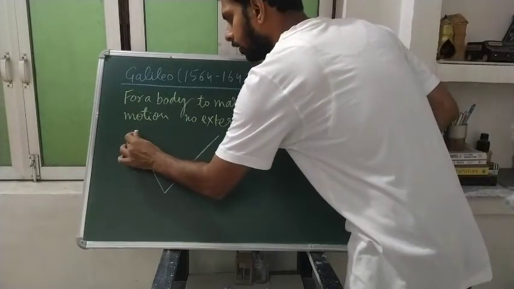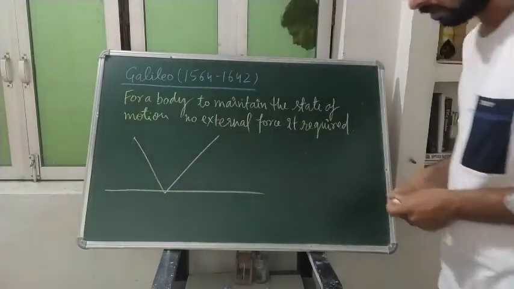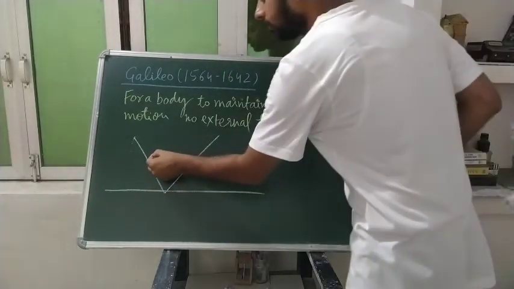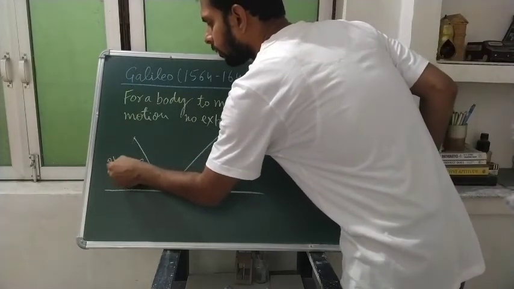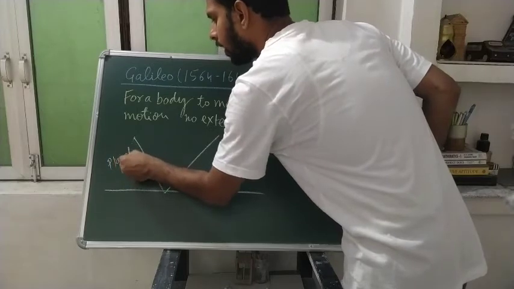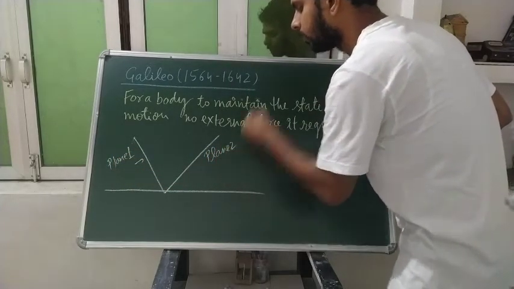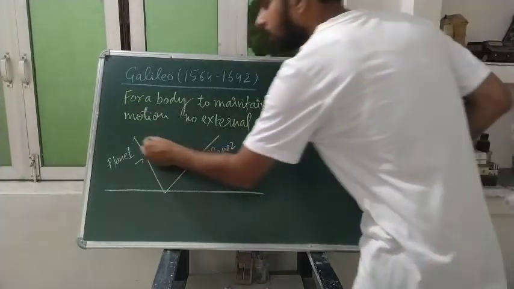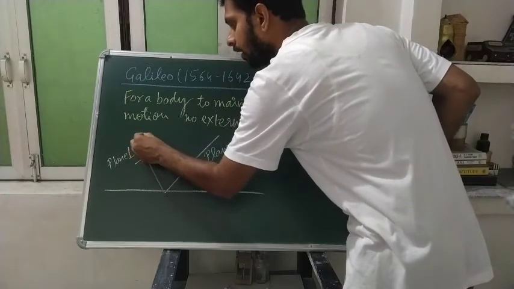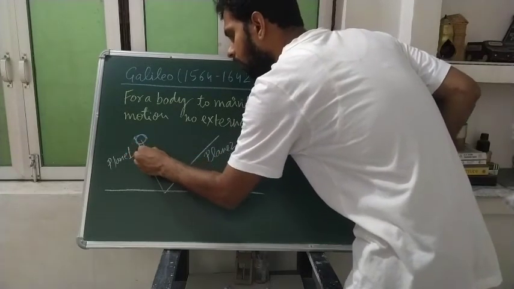Here we have two planes. This is our plane 1, and this is our plane 2, and a ball is rolling down.